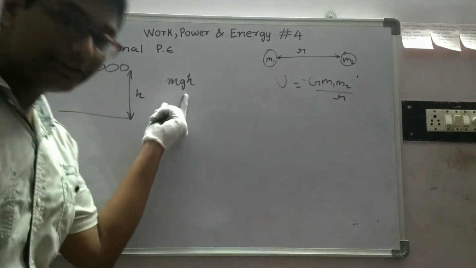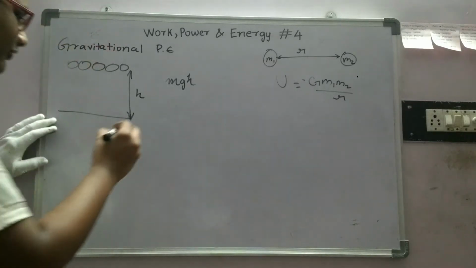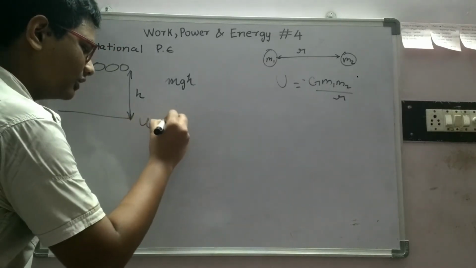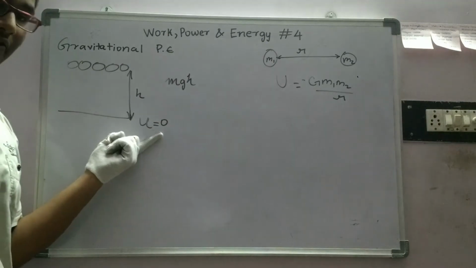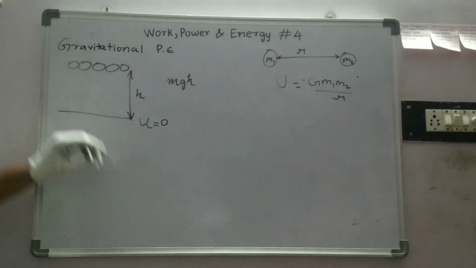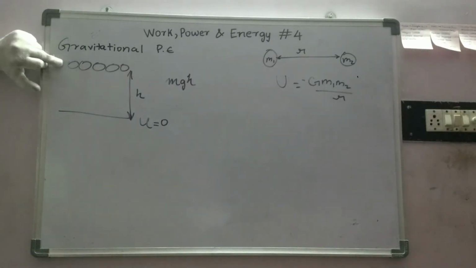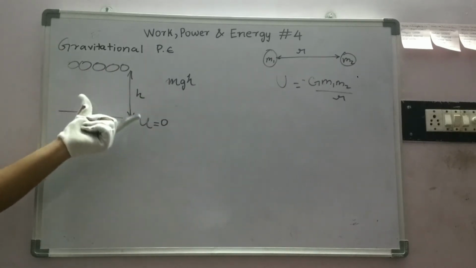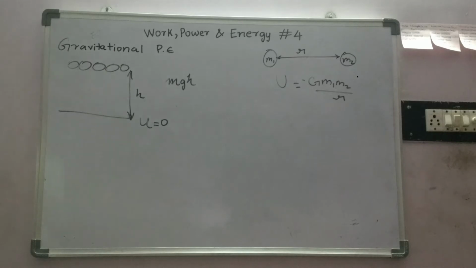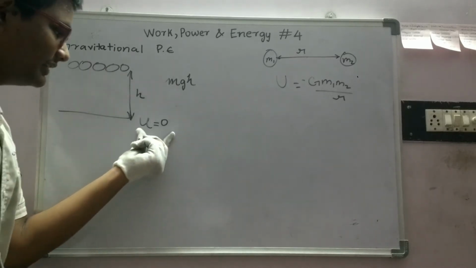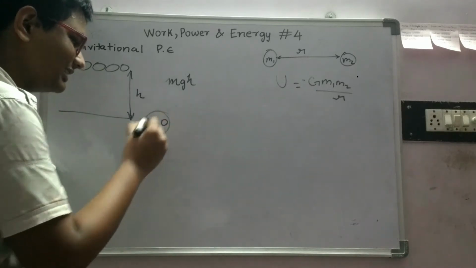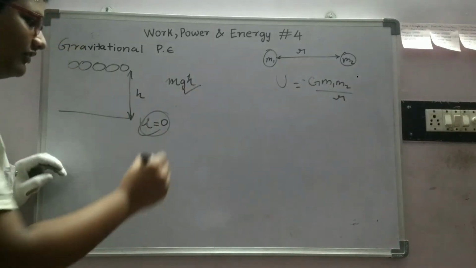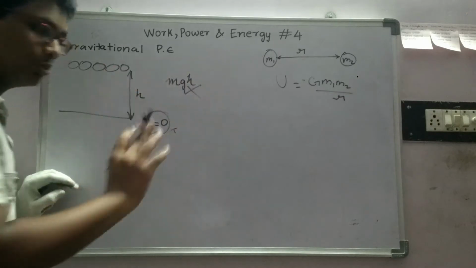And this is only true if potential energy on the surface of the earth, if we consider it to be zero, then only the potential energy of this is mgh if its mass is m and it is lying at a height h above the surface. Only if this condition is accepted, this is true. If this is not accepted, this is not true.